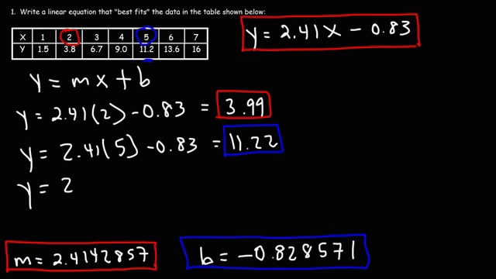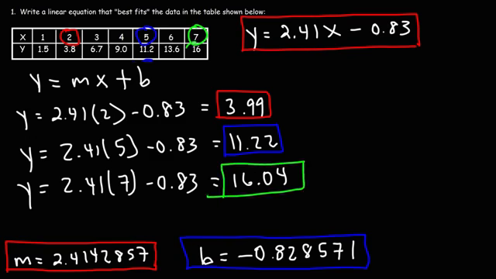Now let's try one more. Let's try an x value of 7. In this case, I get 16.04. 16.04 is very close to 16.